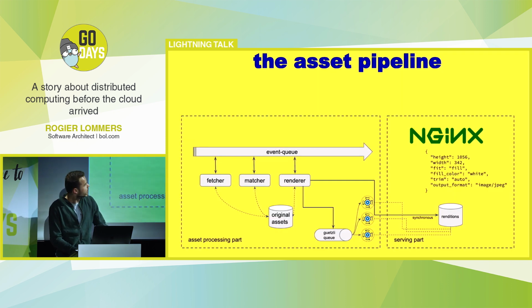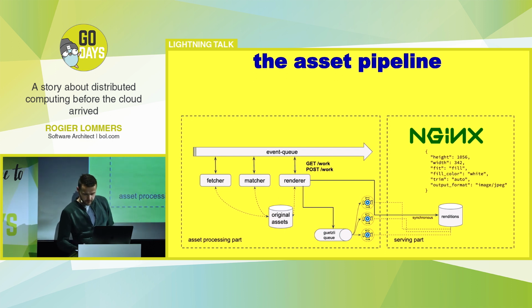So, back to our flow. I thought, let's add 2 new endpoints. The first one, get work, gives the possibility to get a fresh rendition from the render store, where the getsee algorithm has not yet been applied. And the second one, a post endpoint, where you can give back a rendition after the getsee algorithm has been applied.